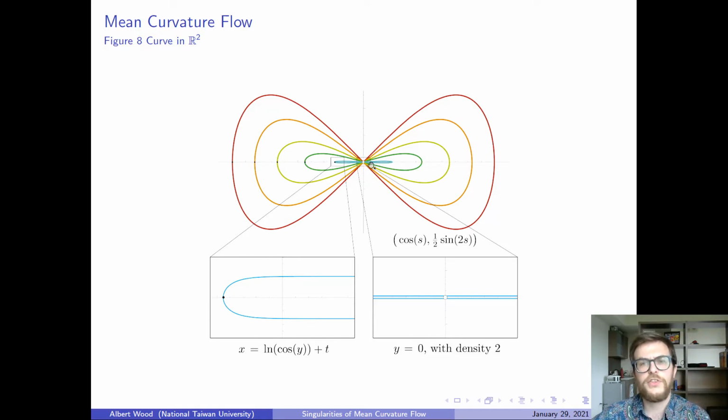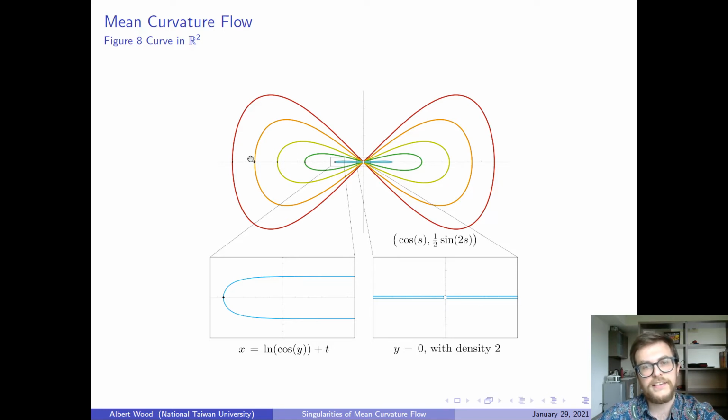So if we focus on the singular space-time point, which is the origin here, and perform our type 1 blow-up, we don't get a smooth flow, because in fact this is not a type 1 singularity. What we end up with is this double density plane. So we end up with just a straight horizontal line with density 2, where the convergence is in the sense of varifolds.